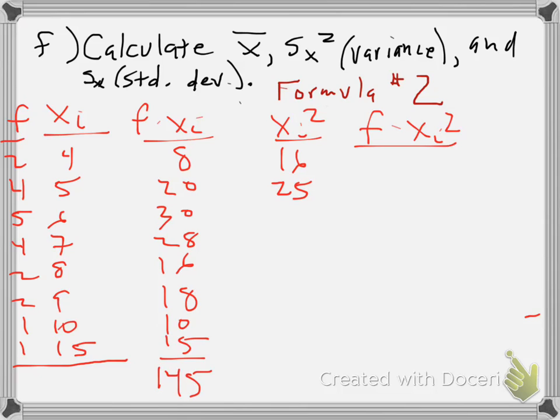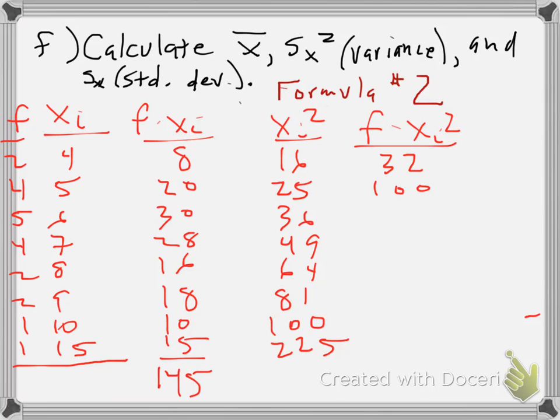Alright, so x again was 4, x squared is 16, 5 squared is 25, 36, 49, 64, 81, 100, 225. Again, I'm just squaring my x's. And now I'm going to multiply by the frequencies. Since there were 2 16s, that's 32, there were 4 25s, that's 100.